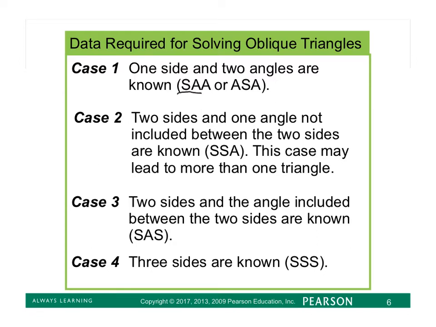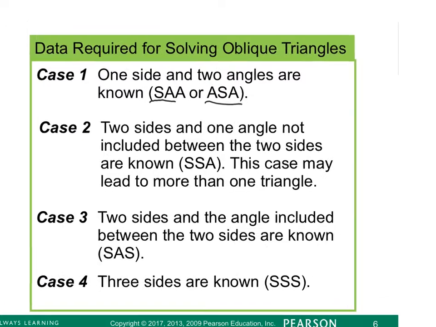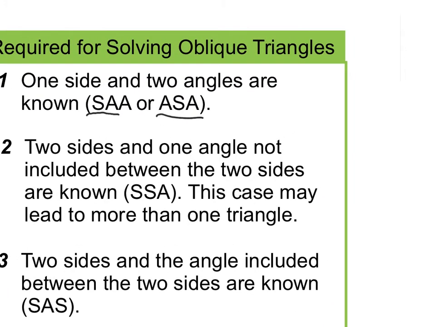Side, angle, angle, or angle, side, angle. What does that mean in English? You have a triangle, any triangle, and we're going to say that we know how long a side is. So I'll just say side A. We know that.